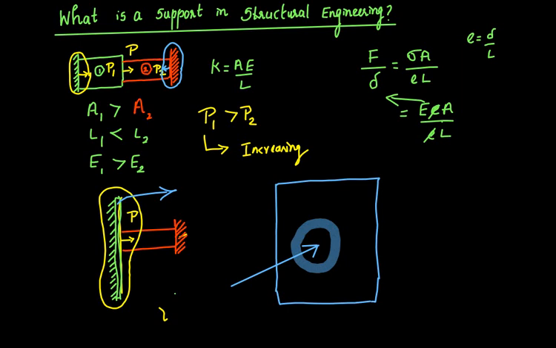But understand one thing, the assumption here is that it is a point load, but how do you think this load comes? This point load is not actually a solid chunk of load that is acting concentrated on one particular point. It is actually spread over the entire area. It is like a uniformly distributed pressure. It is like a uniformly distributed load that is spread over the entire area. And what is the resultant of all these uniformly distributed load?